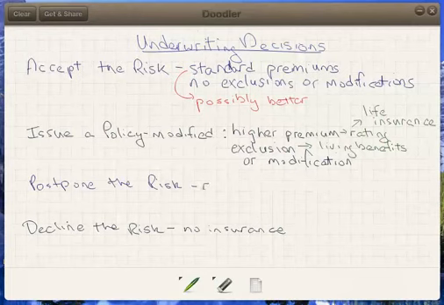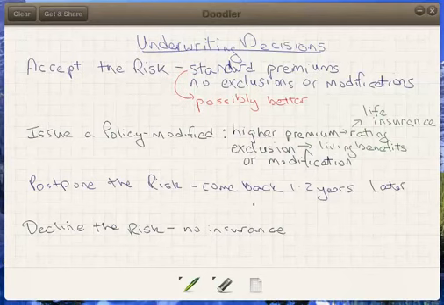So this would basically just say, hey, we want to deal with you, we just can't do it right now. So just come back maybe in a year or two, and maybe then we can deal with you. Probably if you do end up doing that, you'll still end up with one of these policies with a modified risk. This is basically the 4 possible outcomes of the application process.